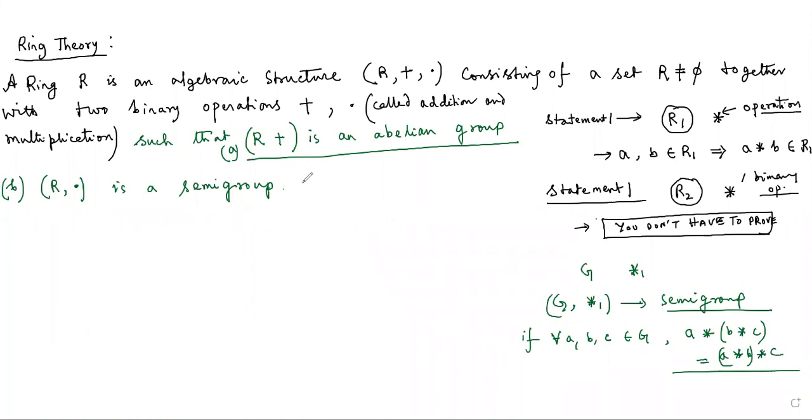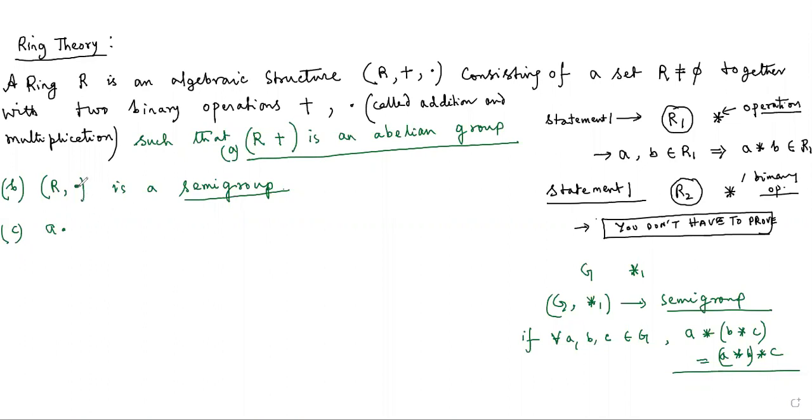So R dot is a semigroup. With respect to plus, R has to be an abelian group. With respect to dot, R has to be a semigroup. With property 3, one extra property is implemented, in which we combine the 2 operations. In property 1, we are only concerned about the operation of addition.